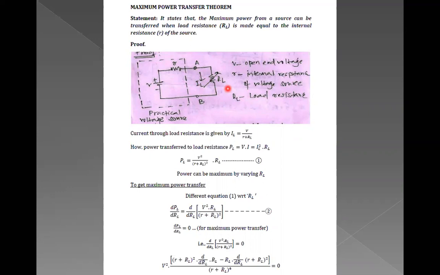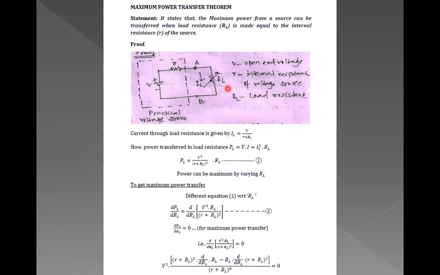Because we are talking about the load power, the load power should be equal to V into I, or I just substituted the value V equal to IR, so this can be written as I square R, or IL square into RL. But what is IL? Just substitute, so you will get PL equal to V square by (R plus RL) whole square into RL.